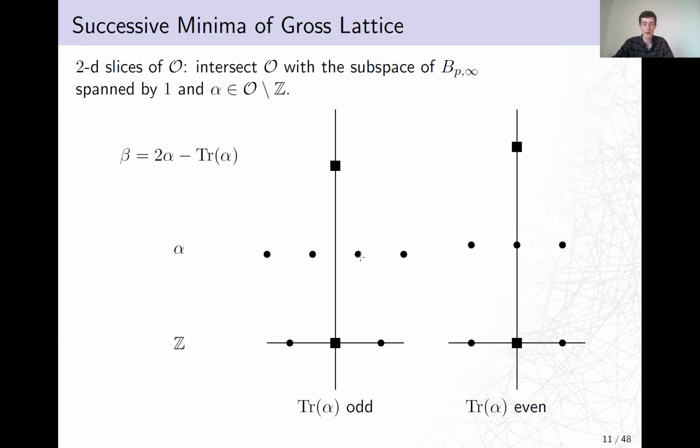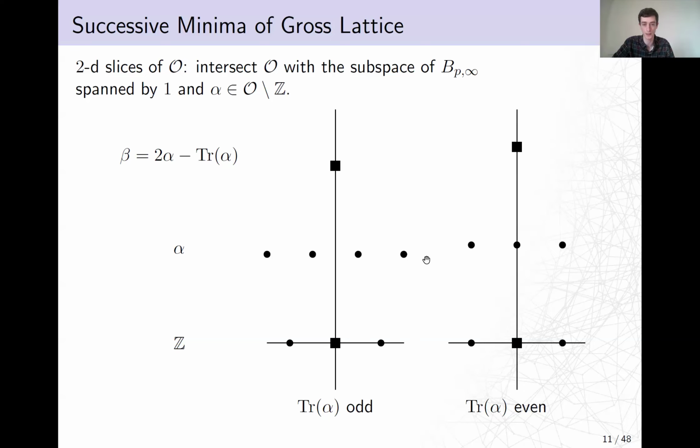Now, in the case that trace of α is odd, then this gives you the shortest element in this lattice. But in the case that trace of α is even, so you could actually have an element of trace 0, it is very important to note that this element here is not an element of the Gross lattice, but twice that vector is an element of the Gross lattice. So this is the method of starting with elements of the endomorphism ring and producing elements of the Gross lattice.